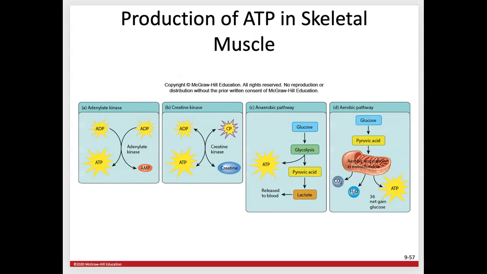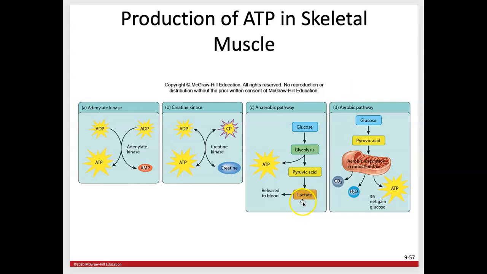As far as what you need to take away from that, aerobic pathway yields the most ATP. This anaerobic pathway can actually lead to muscle soreness when you have a lack of oxygen there.